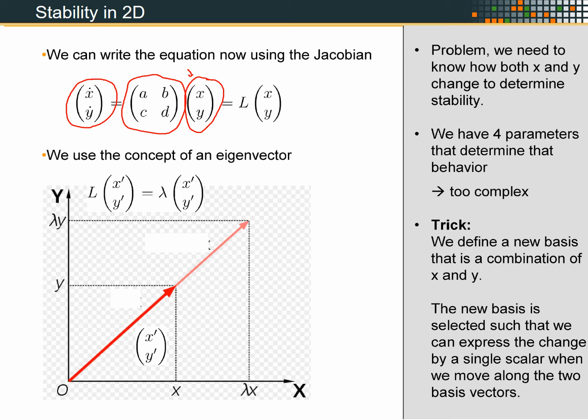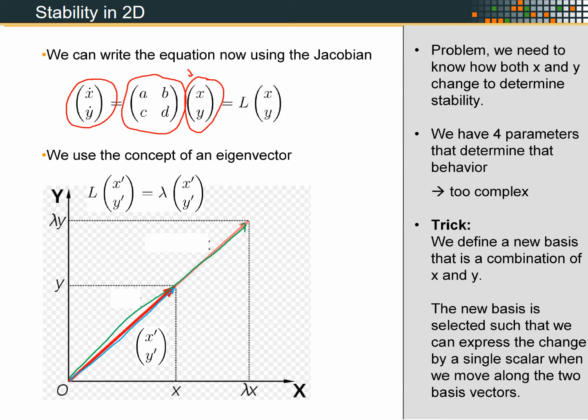I will highlight this second. We have, for example, this here as an input, and we get a vector that is pointing in the very same direction. That is this one. The only difference is that this is longer or shorter.